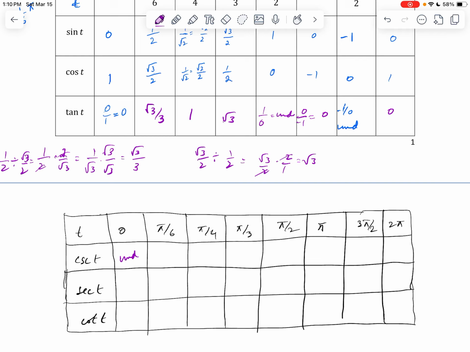Secant of t is 1 over x. x in this case was 1, so secant of t is 1. Cotangent of t was x over y, so now we will have 1 over 0, so this is undefined.